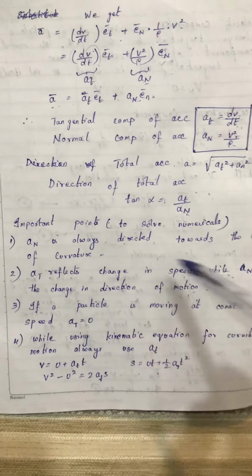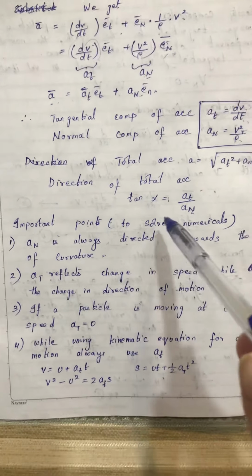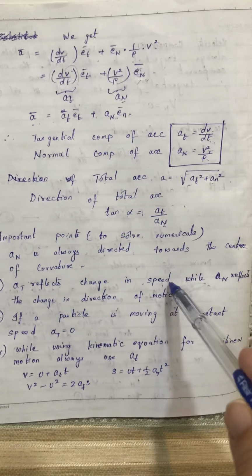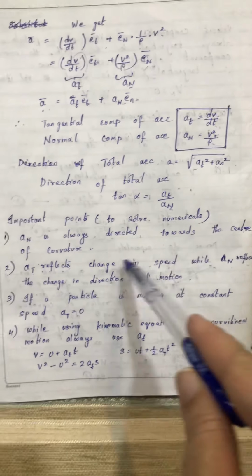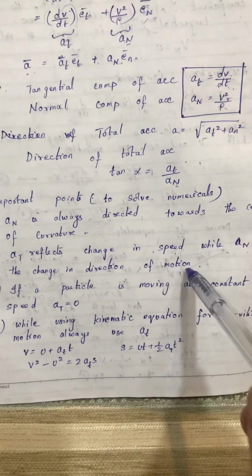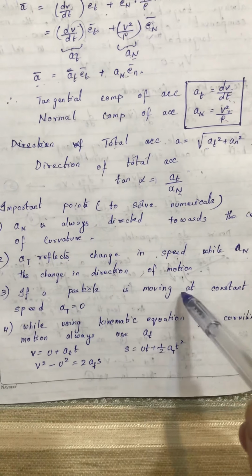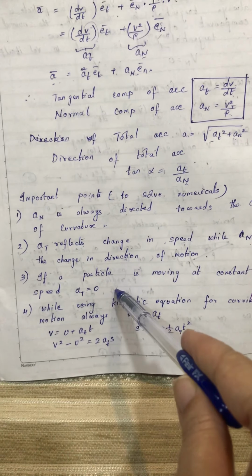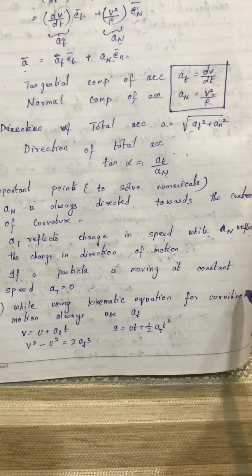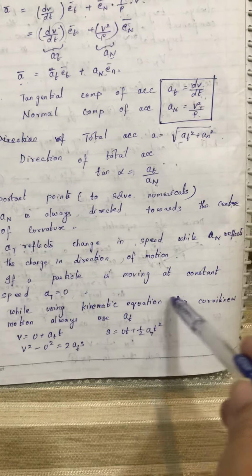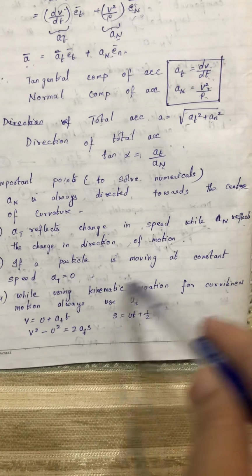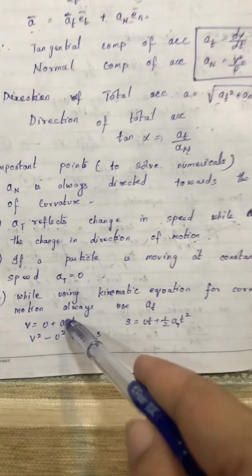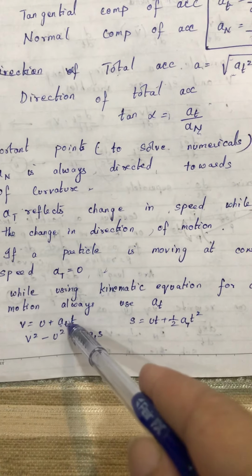The normal acceleration is always going towards the center of the curvature of the curved path. at reflects the change in speed, while an reflects the change in direction of motion. If a particle is moving at constant speed, then at is equal to 0. And always while solving numericals, if you have to use kinematic equations for curvilinear motion, the a you will consider is the tangential acceleration. So in your kinematic equations, instead of a, you will always consider at.